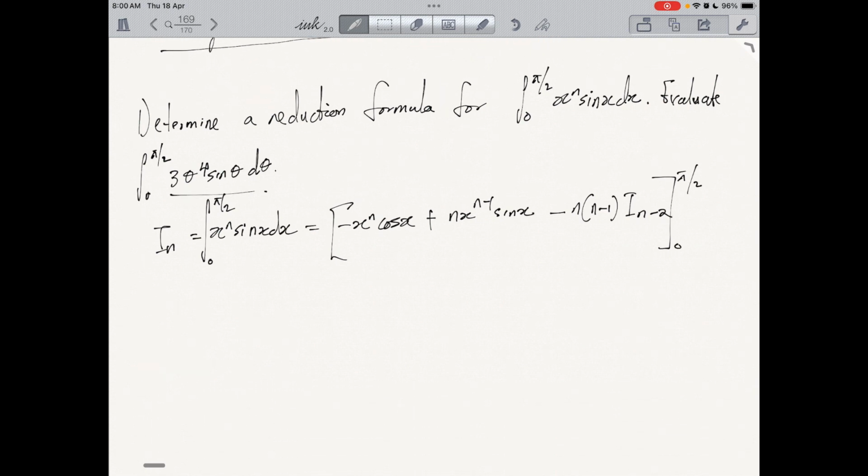Wherever we see x, we apply the upper limit first. That's minus pi over 2 raised to the power n cos pi over 2 plus n into pi over 2 raised to the power n minus 1 and sine pi over 2, minus n into n minus 1 I n minus 2.